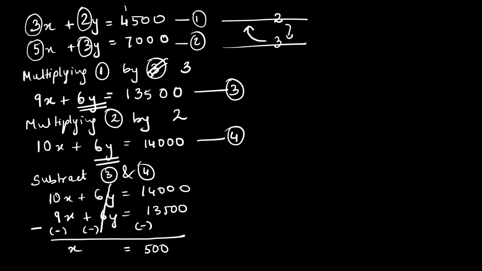Okay. So I've understood that the cost of one chair, x stands for chair, is 500 rupees. Now to get the next one, all I have to do is substitute this 500 in any of the equations 1, 2, 3, 4.